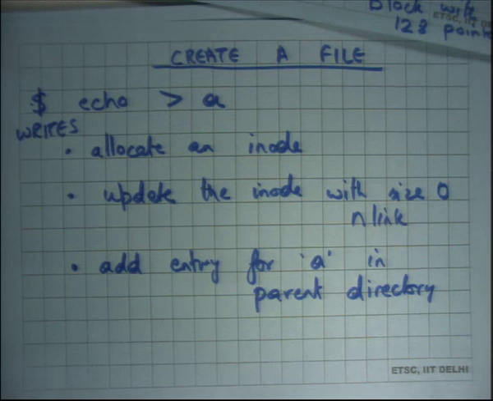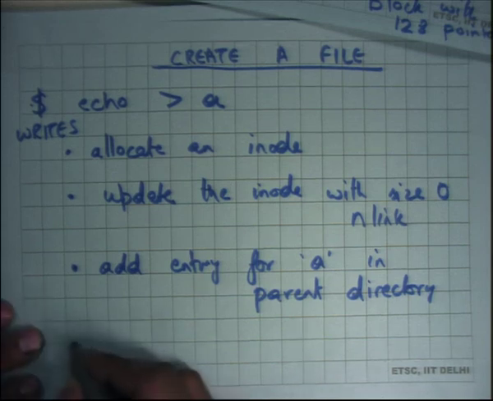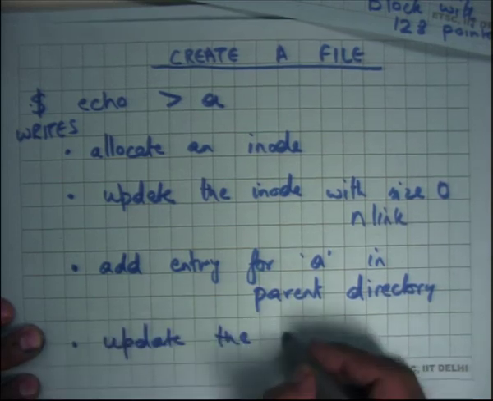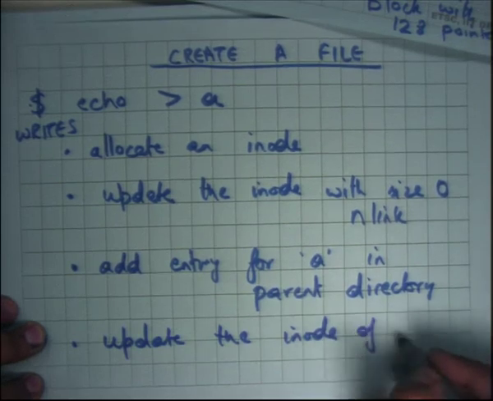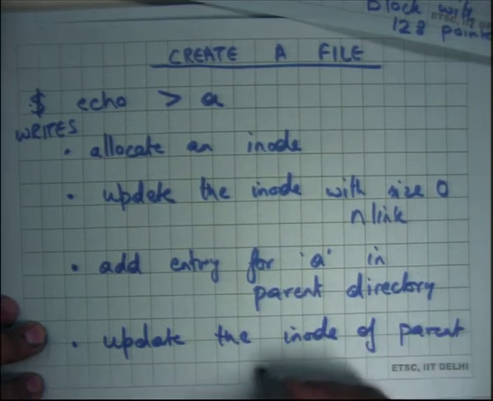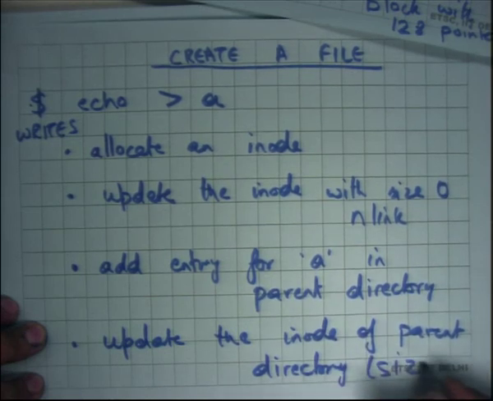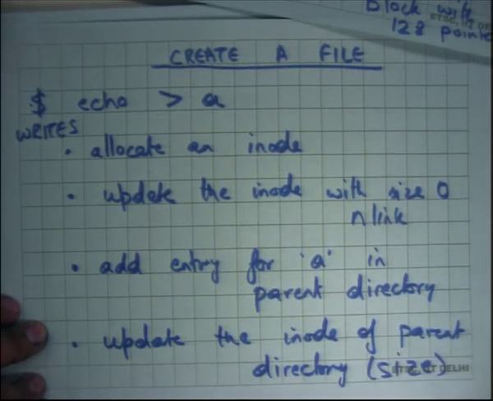So what's the last thing you need to do? Update the size of the directory. You have appended to the directory's file, so you need to update the inode of the parent directory with the new size.